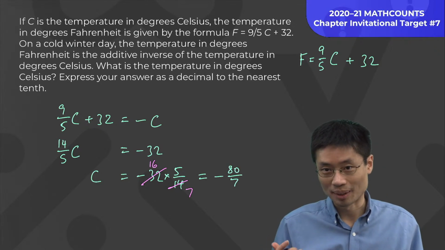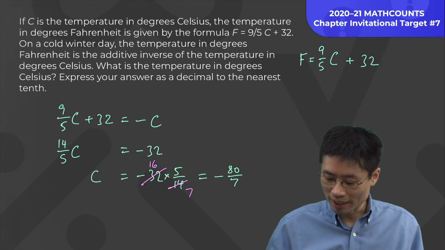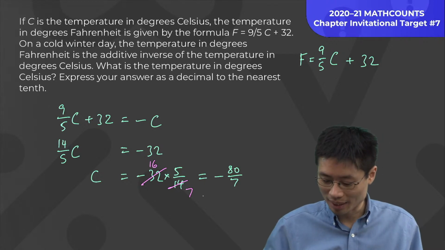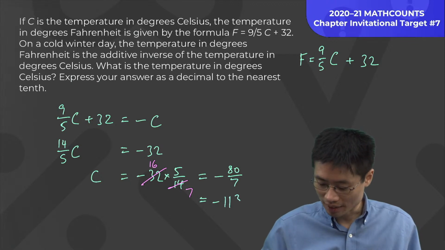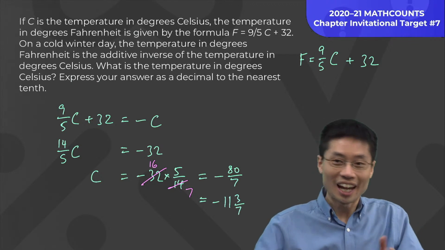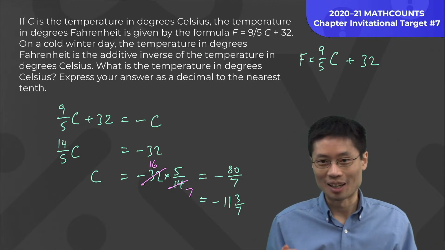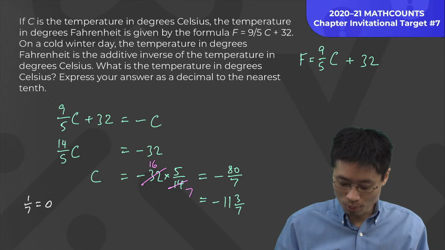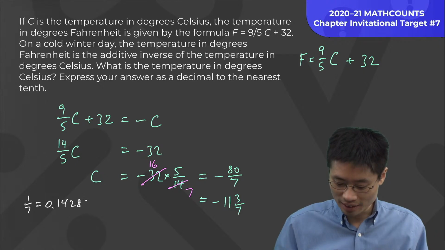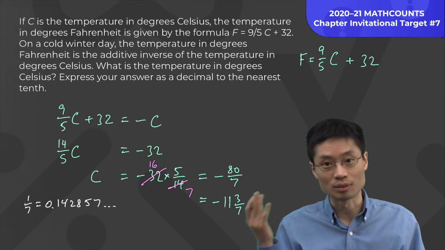As you know, I'm lazy. I'm not going to pick up my calculator. So minus 80 over 7, let's make it a mixed number. It's negative 7 times 11 is 77, and then there's 3 over 7, okay? And if I want to convert this into a decimal, I happen to know that 1/7 is 0.142857, a repeating thing.